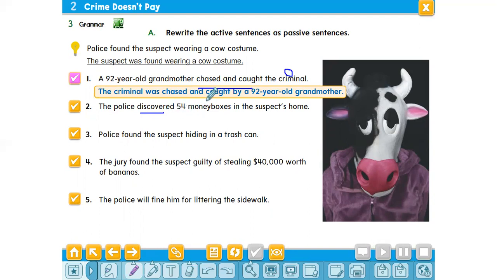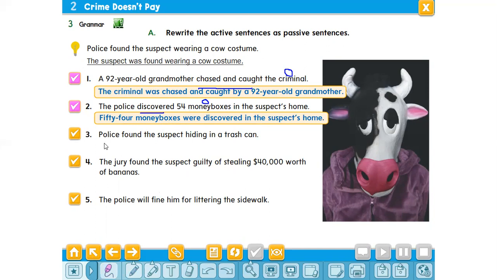Excellent. 54 money boxes. Let's answer this question. 54 money boxes were discovered in the suspect's home. We use were. Why? Because the main verb is in the past form and the subject is plural.